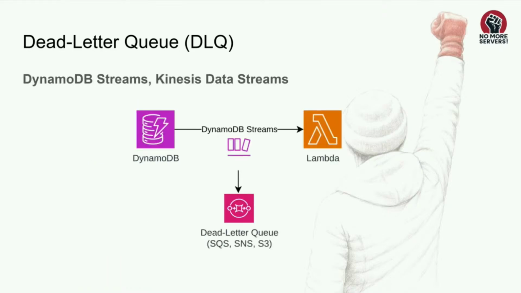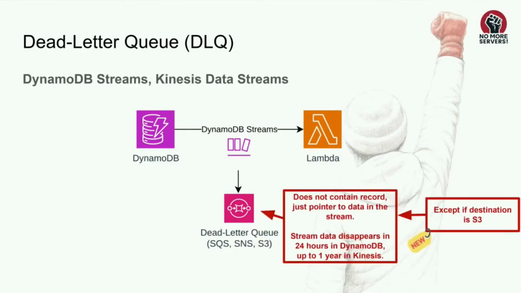Now, the last example regarding dead letter queues, we already talked about it. DynamoDB streams. Kinesis data stream is the same, with also the same issues. As I mentioned, if you use SQS and SNS, records in the dead letter queue don't contain actual data.